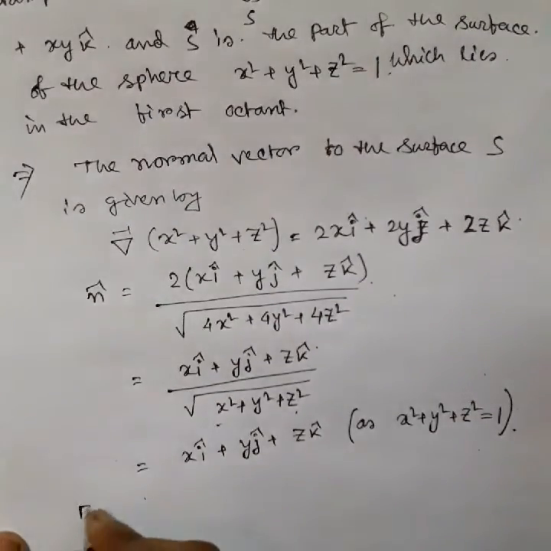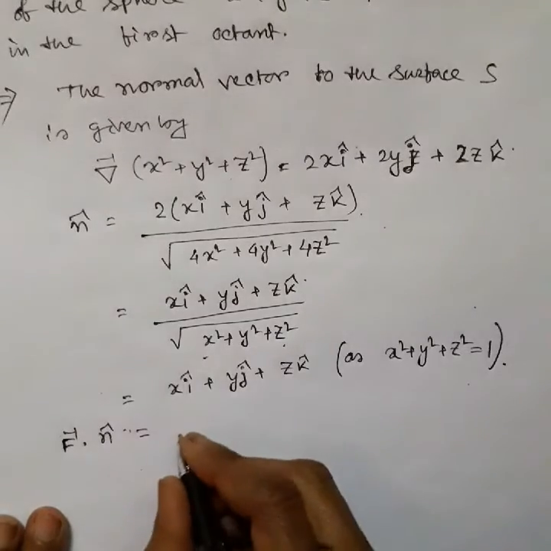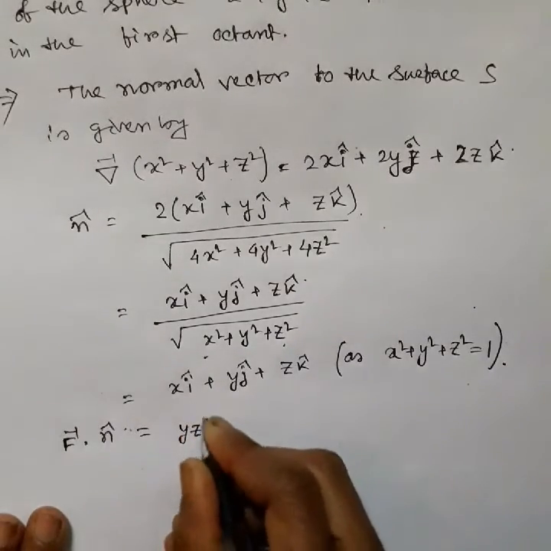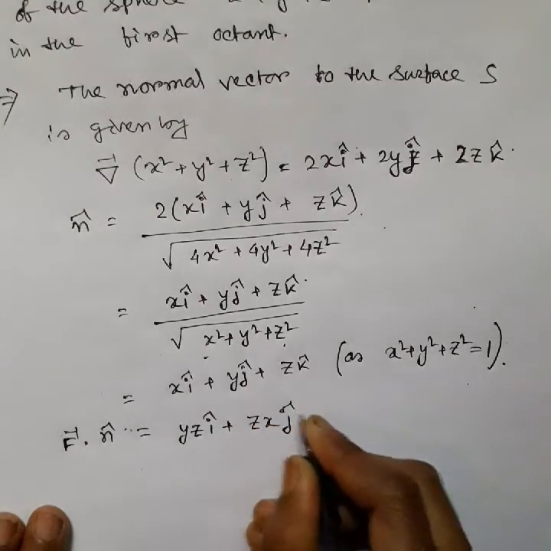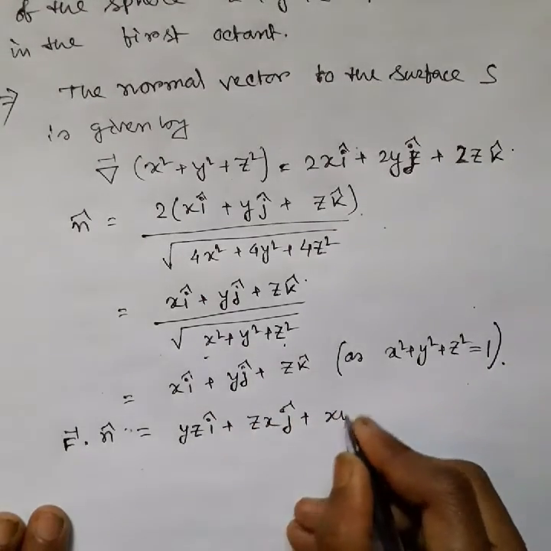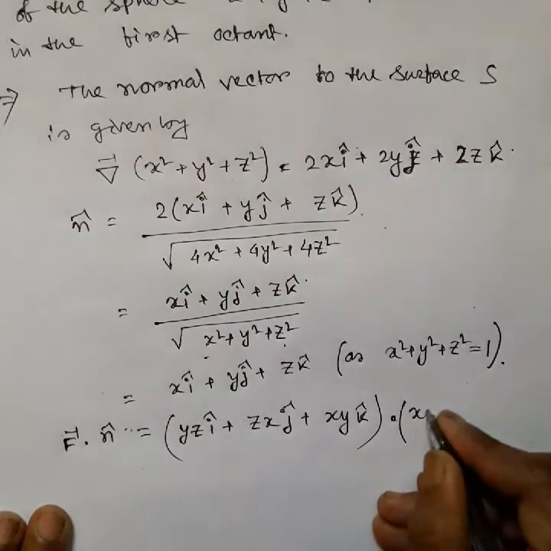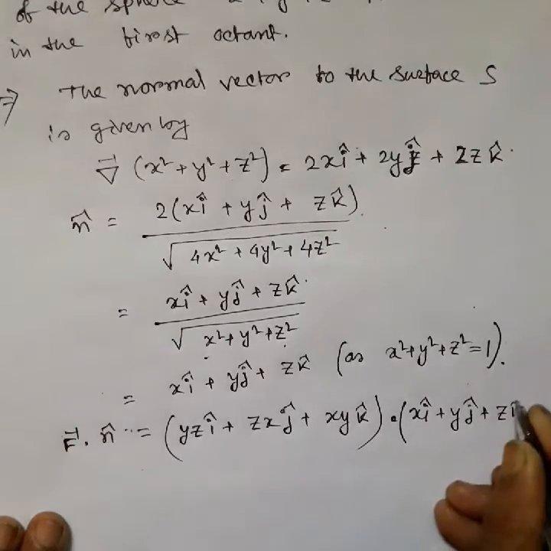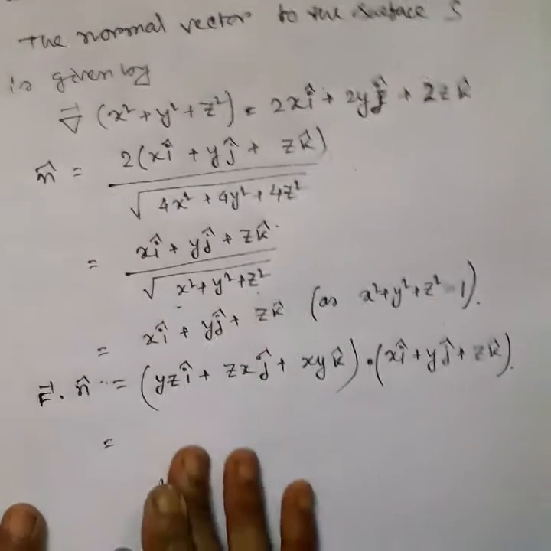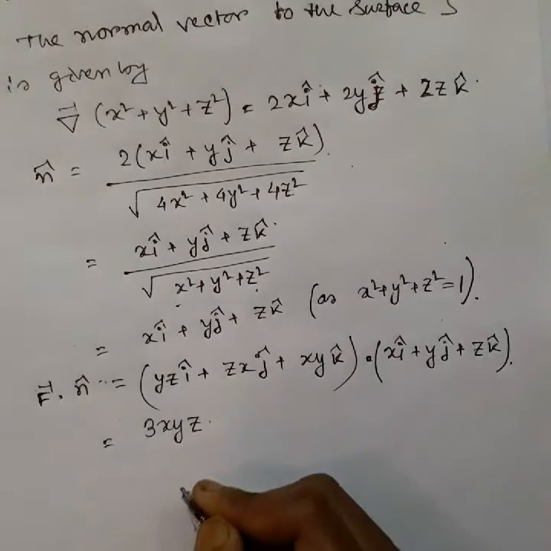Okay, so F dot n cap, that is equal to F, means yz i cap plus zx j cap plus xy k cap, dot product of xi plus yj plus zk, that is equal to 3xyz.